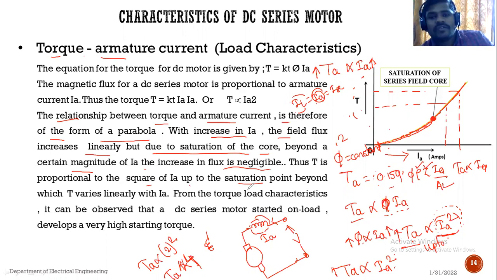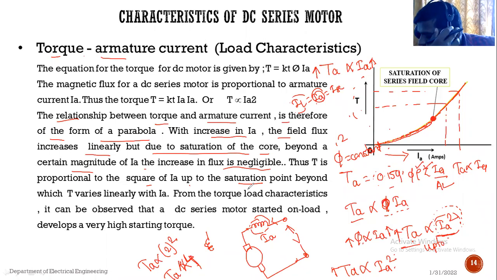So from this torque characteristic, which is a linear curve, we observe that the DC series motor can be started on load because it has a very high starting torque. We will discuss these characteristics next, but this characteristic is nothing but torque versus armature current.